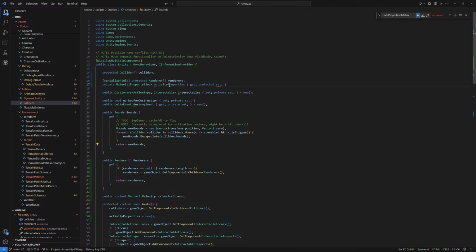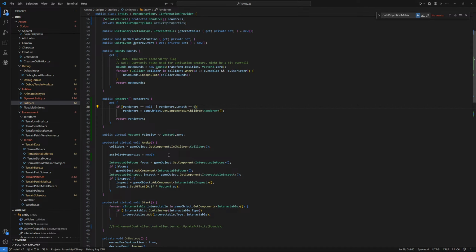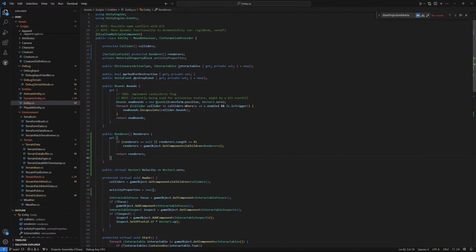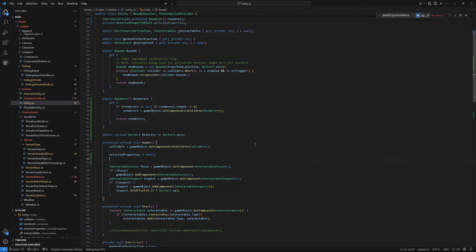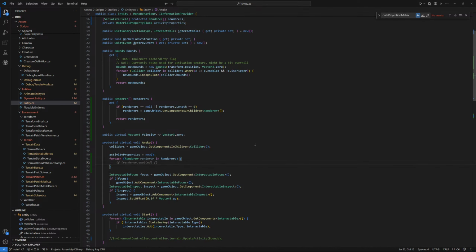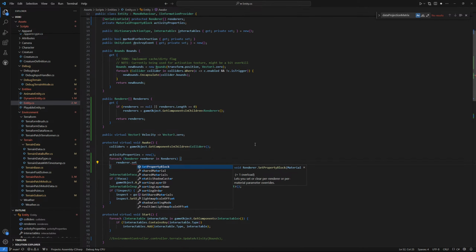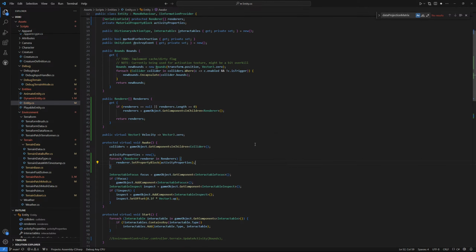Private material property block, activity properties. On awake we create a new, and then I wonder if we can do this here.